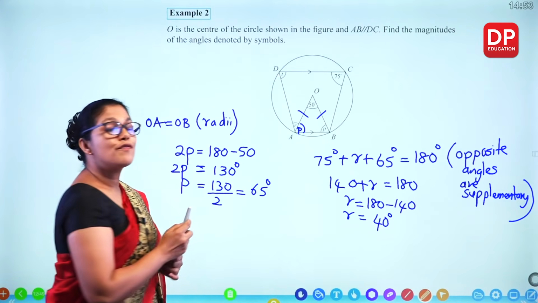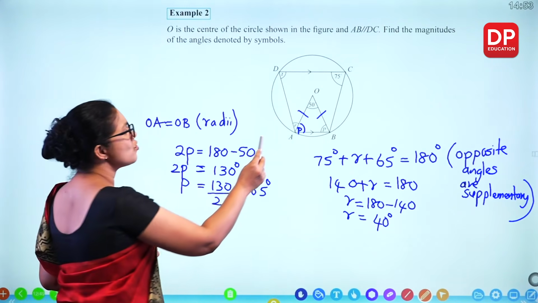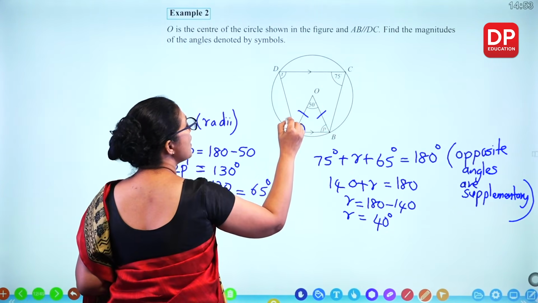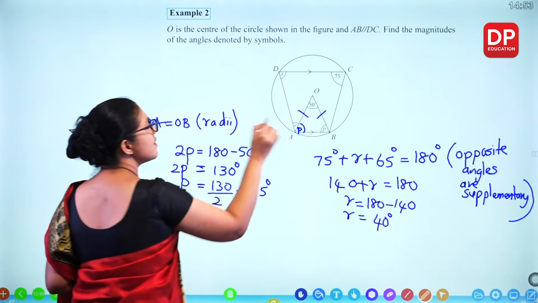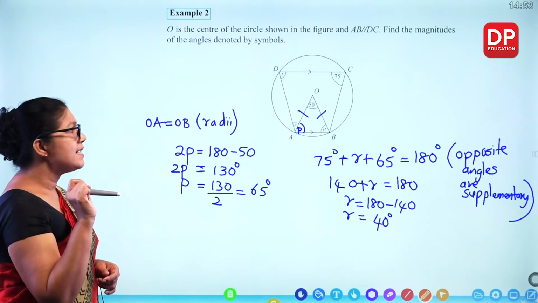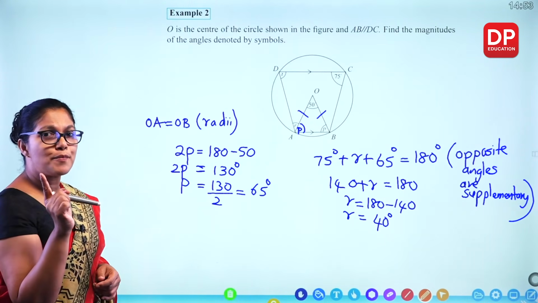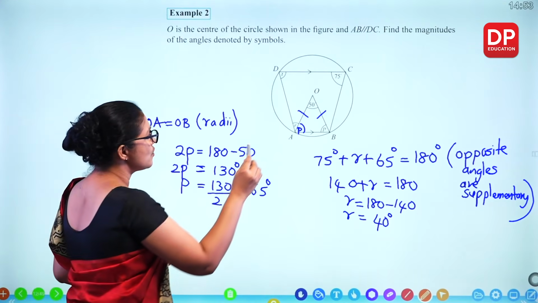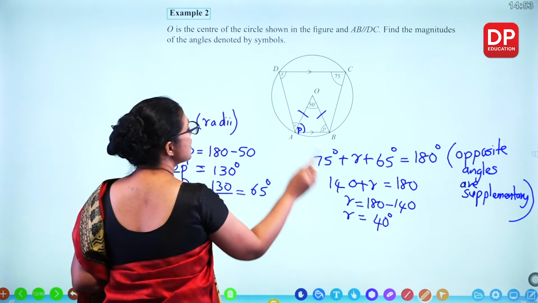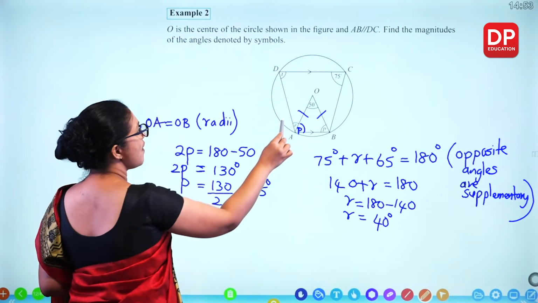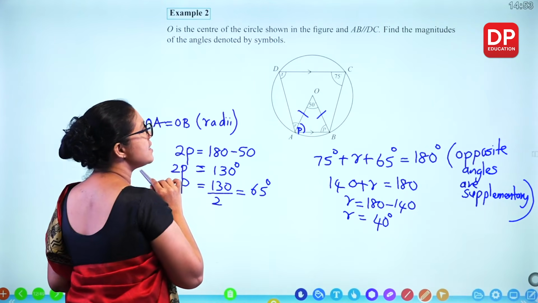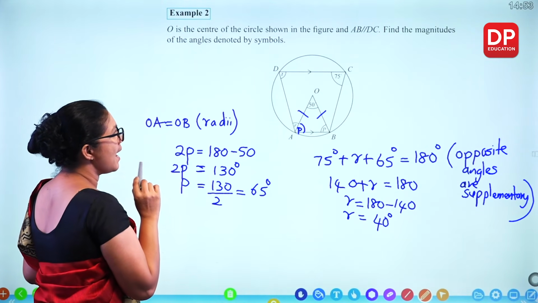What's the other unknown variable? We need to find out T. Here these two lines are parallel. So what is this and this? These two are allied angles. Allied angles add up to 180. So we know R is 40, P is 65, and you can find T using allied angles.